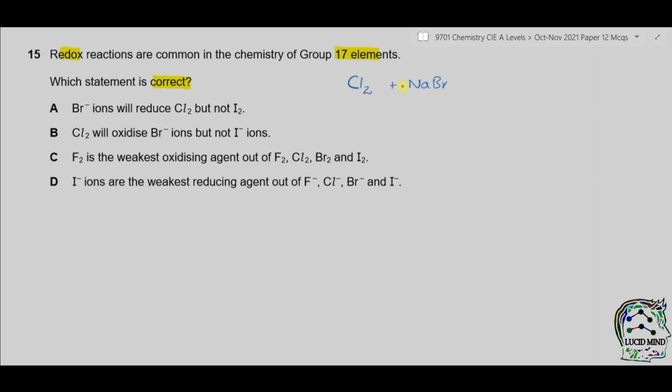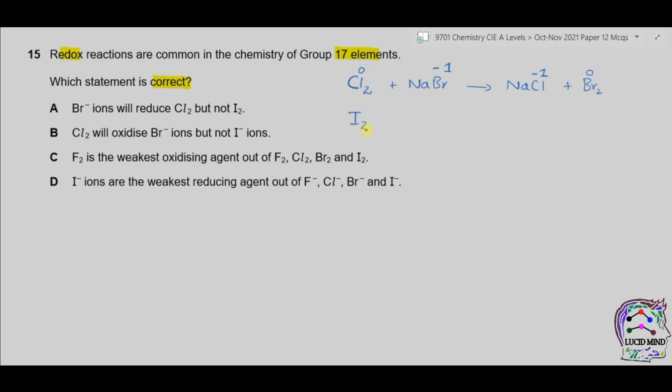As we know that chlorine is more reactive than bromine, it will displace bromine to form sodium chloride along with bromine. The oxidation state of chlorine is 0 and in this side it is -1. Similarly, the oxidation state of bromine is -1 and on this side it is 0. For the second one, we can write the equation with iodine.